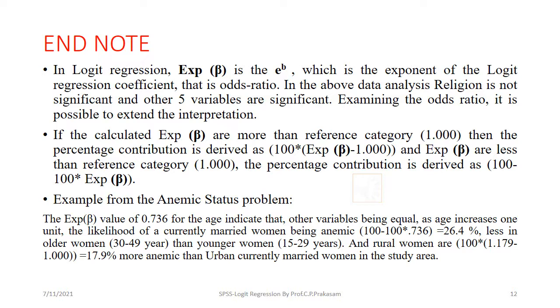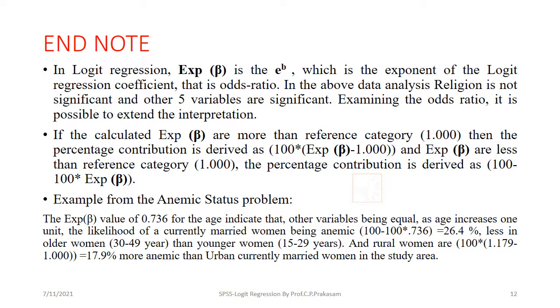Other variables being equal, as age increases by 1 unit, the likelihood of currently married women being anemic is 100 minus 100 multiplied by 0.736, which gives 26.4% less, for older women in the age group 30 to 49 than younger women. Like that, comparisons can be given and conclusions can be written.